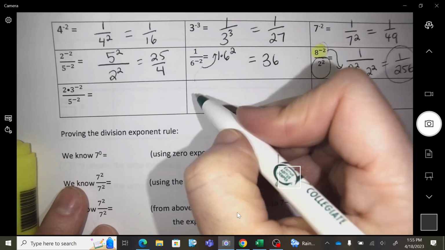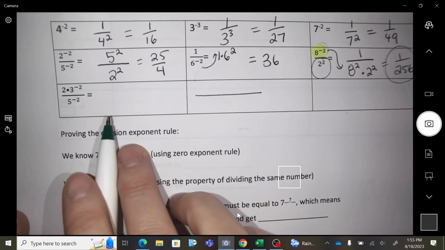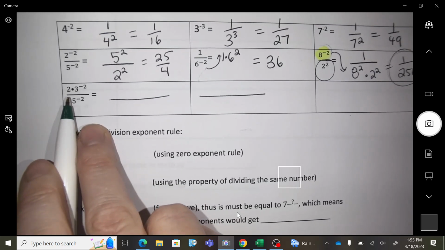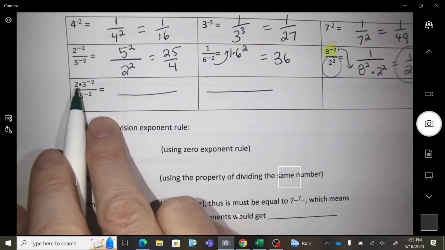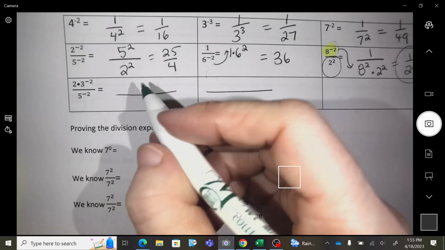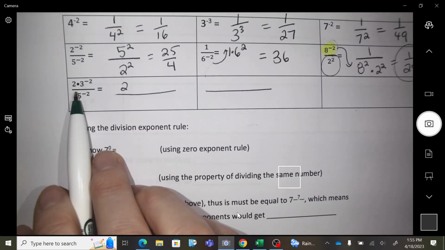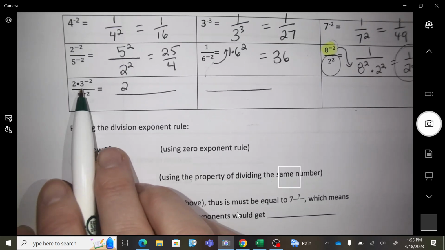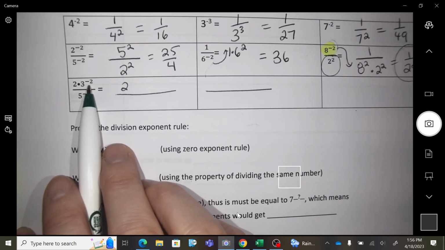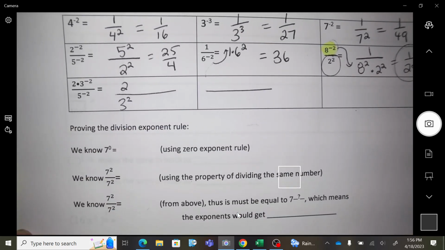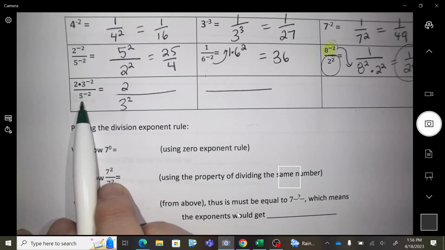Okay, the last one. Here's my fraction bar. What do you want to do with this little 2? Keep it or move it? Keep it. There's no negative exponent on it. I'm just leaving it. What about the 3 to the negative 2? Keep it there or move it? Move it. So 3 squared on the bottom. 5 to the negative 2, keep it there or move it?